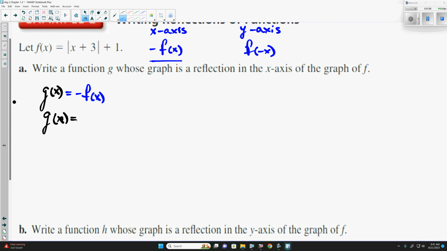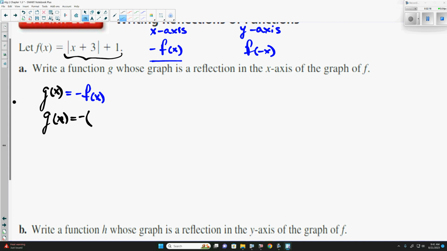Any questions on how we set this up so far? So we will have the negative. Now we're going to replace f of x with its function. Well, the function f of x is just this here.